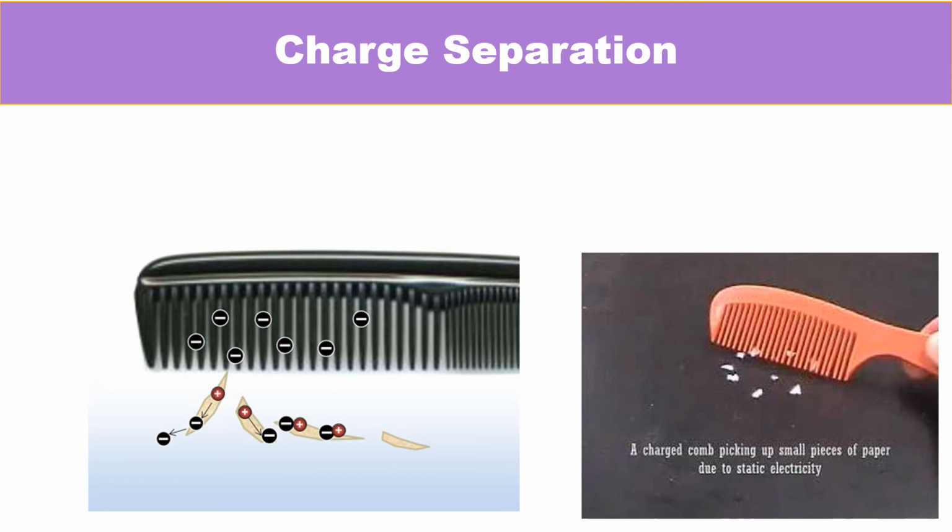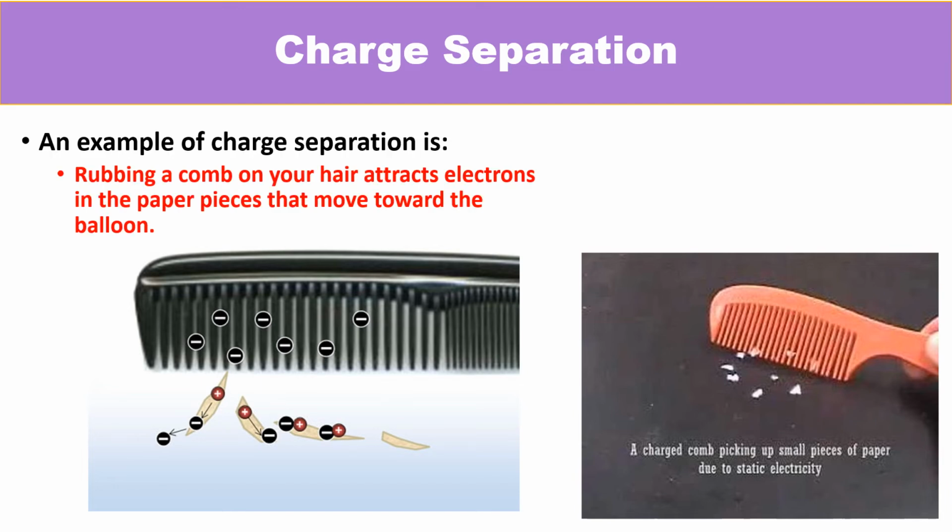And charge separation is so common, ladies and gentlemen. You can actually use a comb and your hair also. Rubbing a comb on your hair basically attracts electrons in the paper pieces that move towards the balloon. It is the same phenomenon.